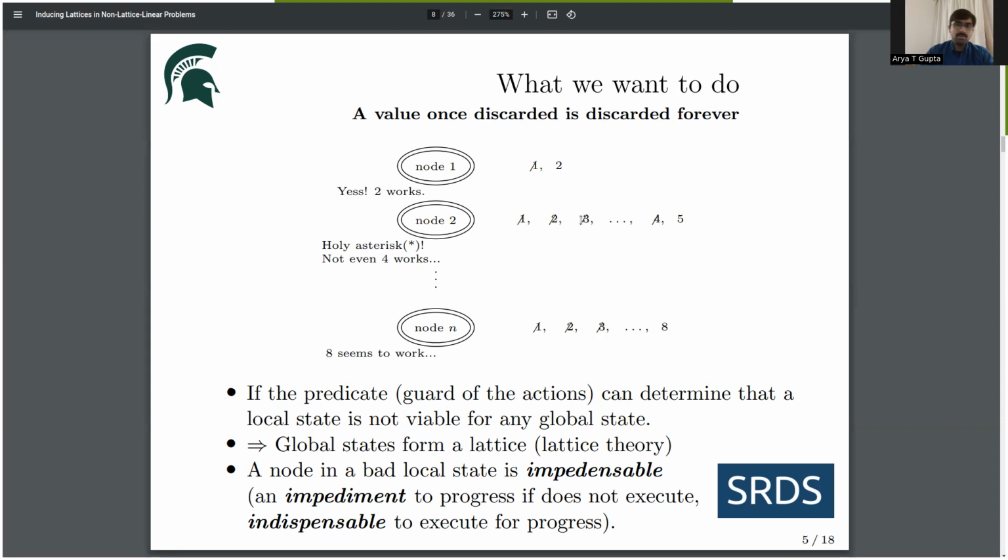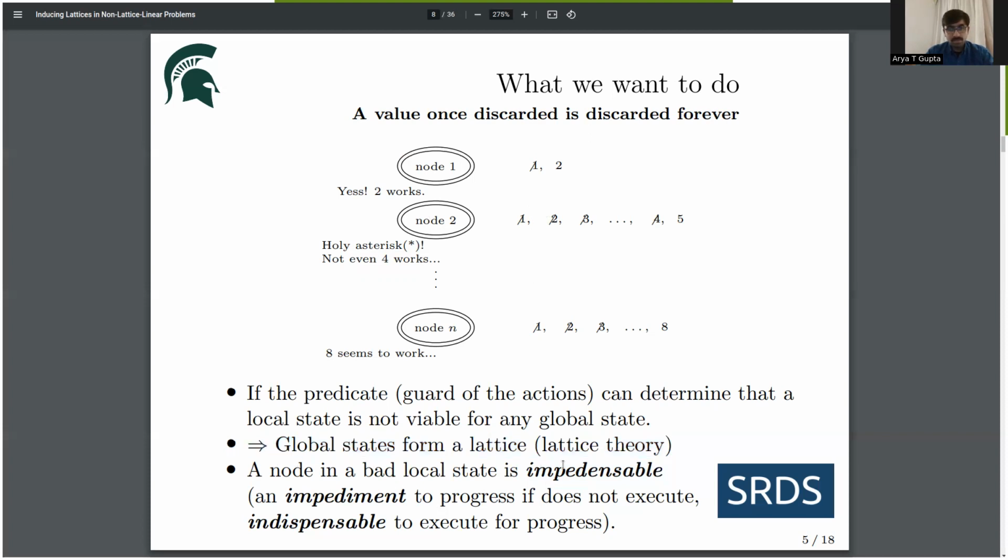They don't have to go back, and as a result they have a total order. Now, if there is a total order, the global states form a lattice. Meaning if there is a total order among the local states visited by a node for all nodes, then the global states form a lattice.